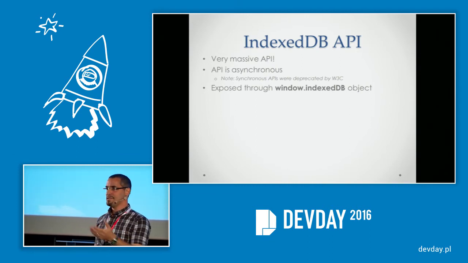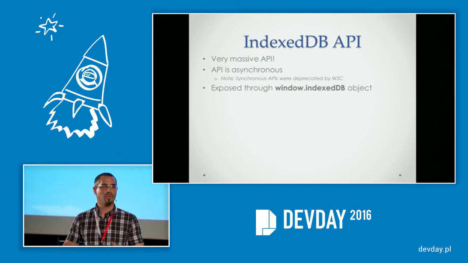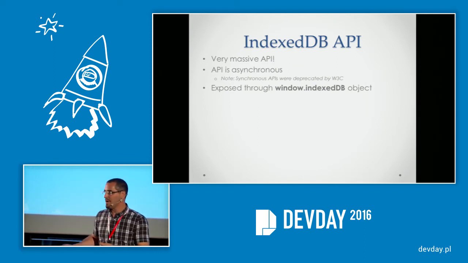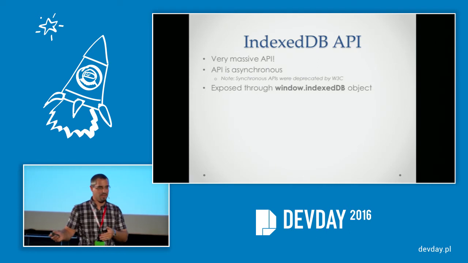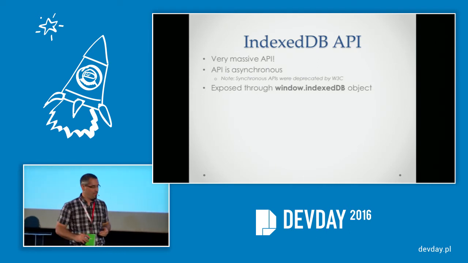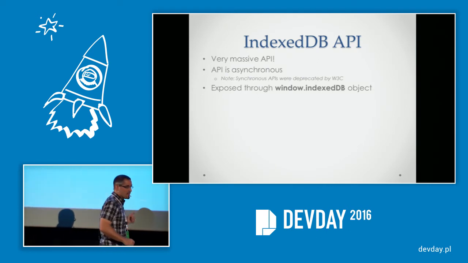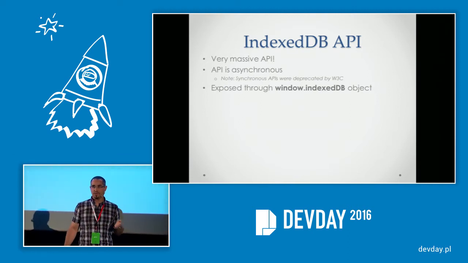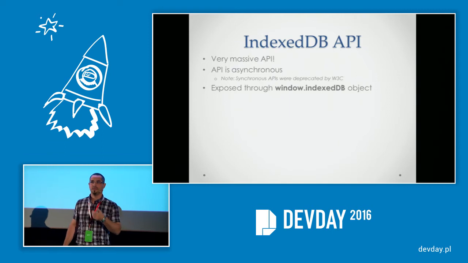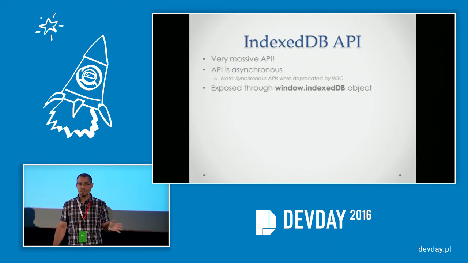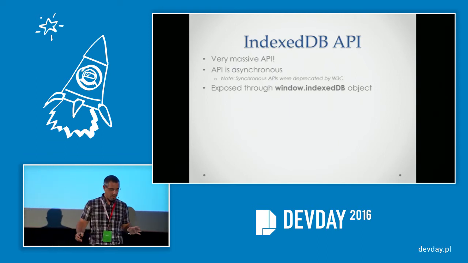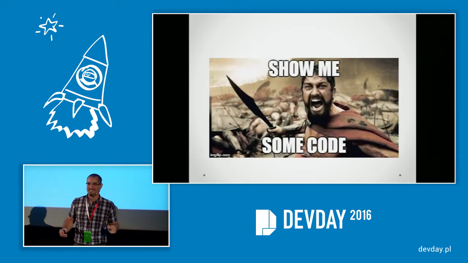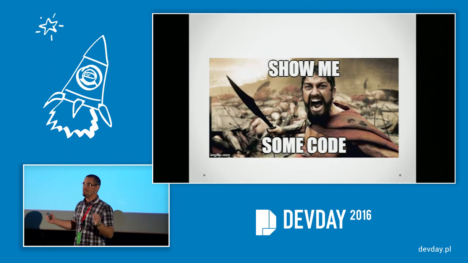You have to request to open the database. You have to request a transaction, and you have to wire everything up with on success or on error for each and every aspect. The IndexedDB object is located on the window object inside your browser, so window.indexedDB or only indexedDB, and you can start working with IndexedDB. Show me the code, please. Stop boring me with words.